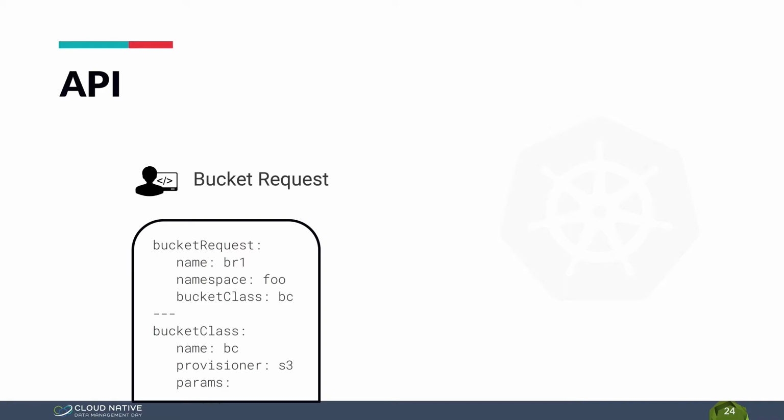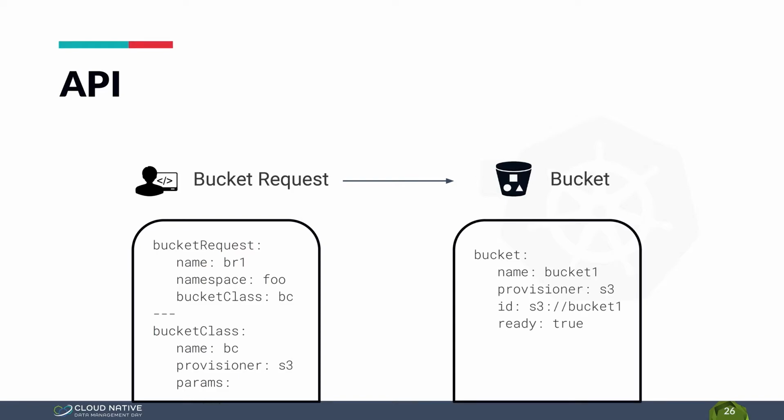So a bucket request specifies that it wants a bucket. COSI will receive the request, talk to the object storage backend, and create the bucket in the backend. And once it's created, COSI also creates a Kubernetes bucket. And that's what it looks like.